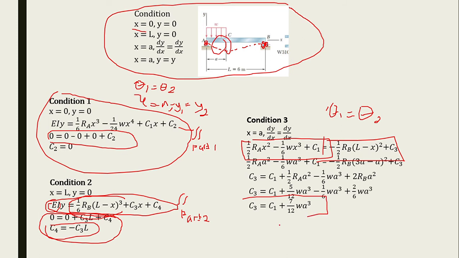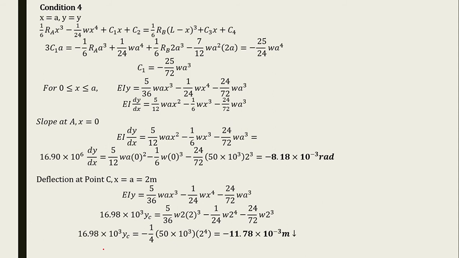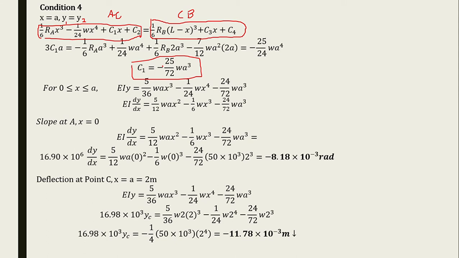Then finally we get C3 equal to C1 plus 7 over 12 omega A cubed. Now for the last boundary condition, when x equal to A and y1 equal to y2, this is the second integration of the first part, part AC, and this is from part CB. We equate them, and finally we get C1 is 25 over 72 times omega A cubed.